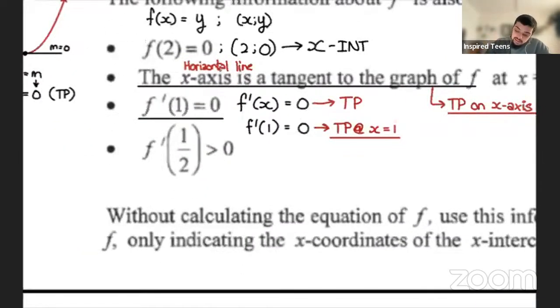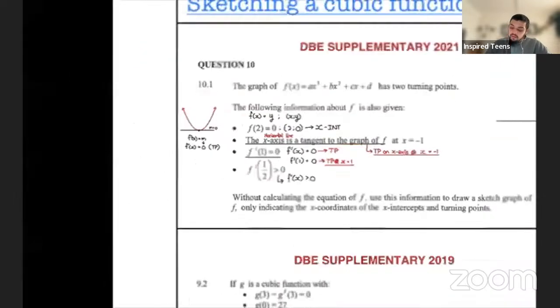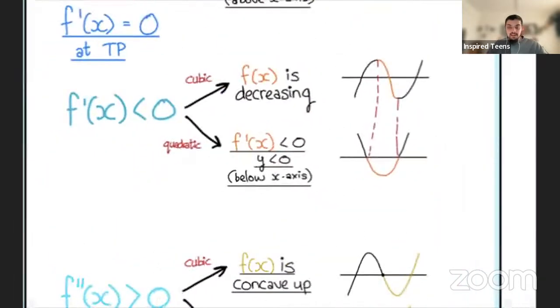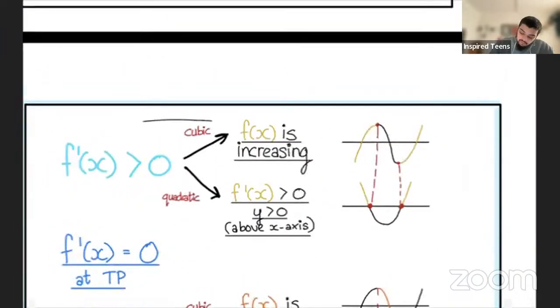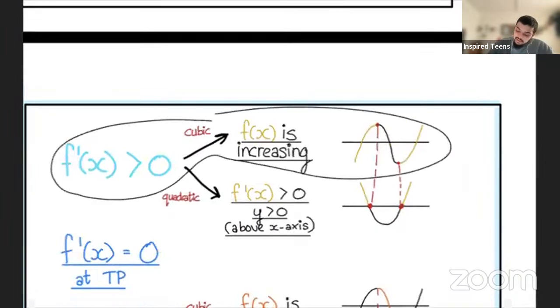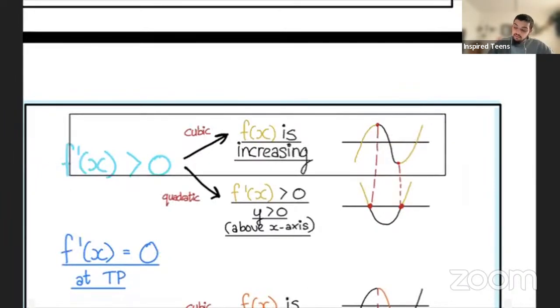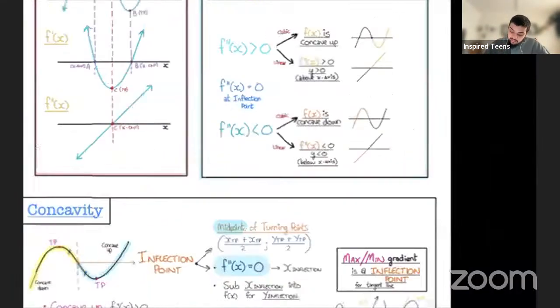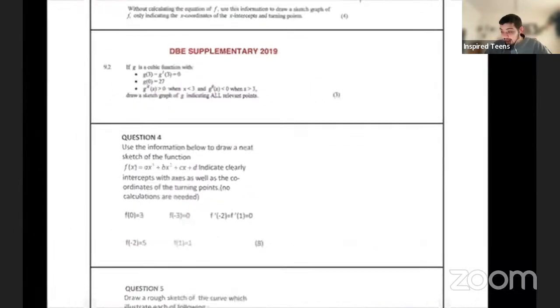Then if we look at this, this is telling us that f prime x is greater than 0. Now let's go back to our notes and remember, what does f prime x being greater than 0 mean for the cubic function? It means that f is increasing for those specific coordinates, right?